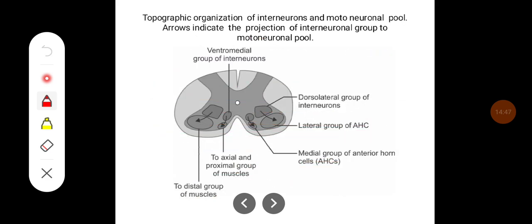So, this is the topographical organization of the interneurons and motor neuronal pool. Arrows indicate the projection of the interneuronal group to the motor neuronal group.